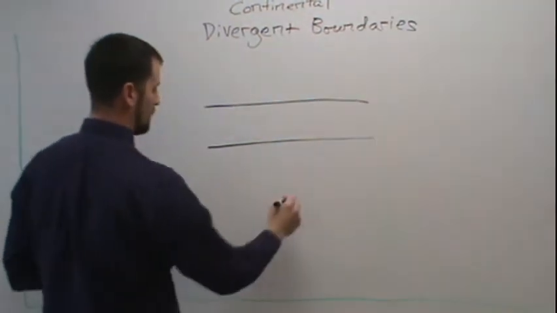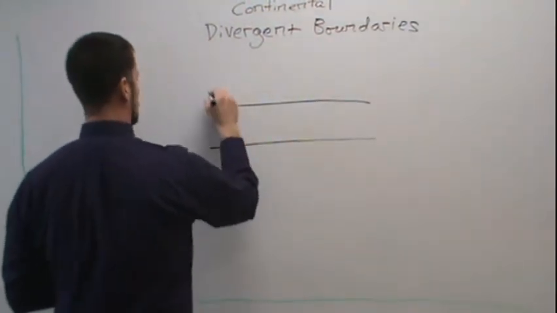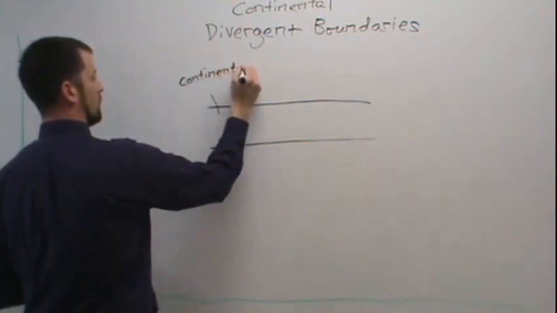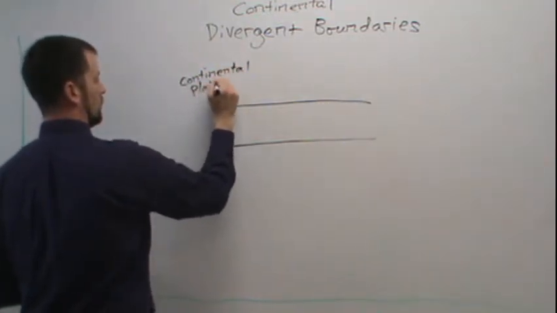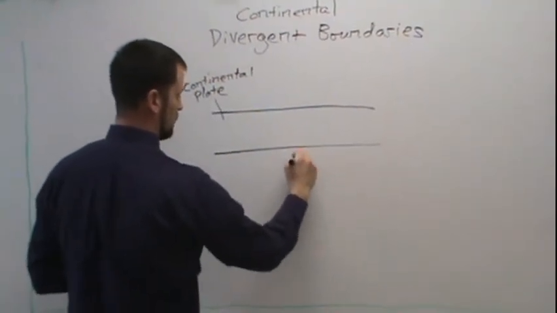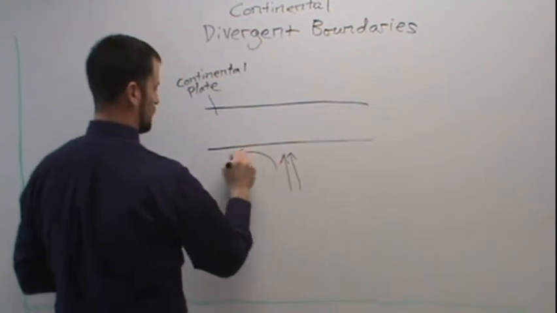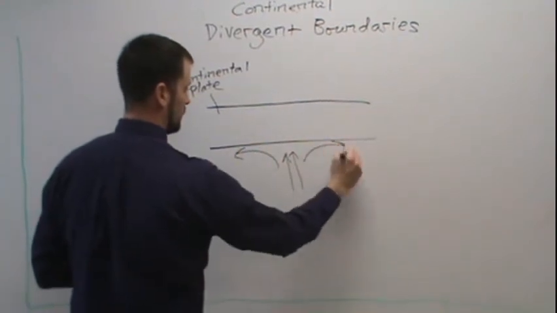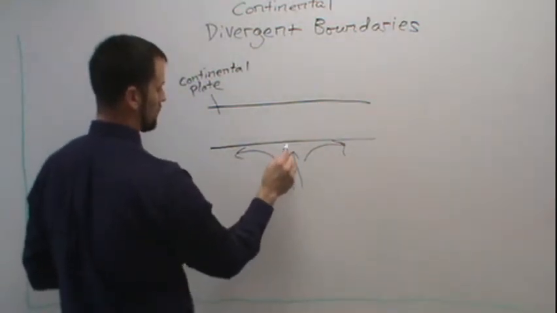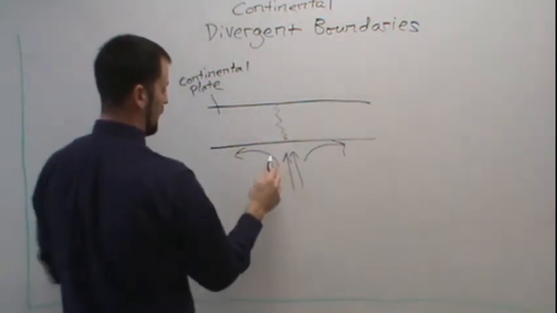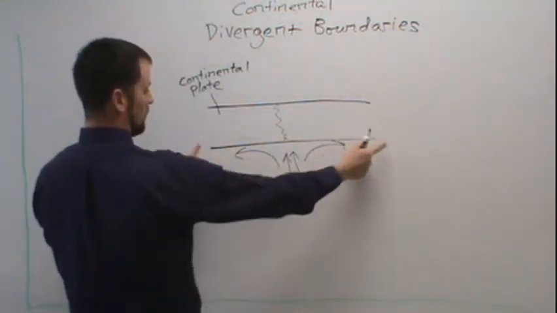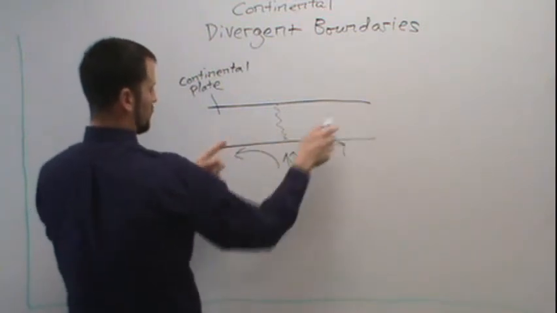all right, and we have this rising magma below it. Let me load this continental plate real quick. We have rising magma below it, and of course it's convecting, like it always does, and this rising magma melts the crust right here, and the convection of magma going sideways in both directions is pulling it apart.